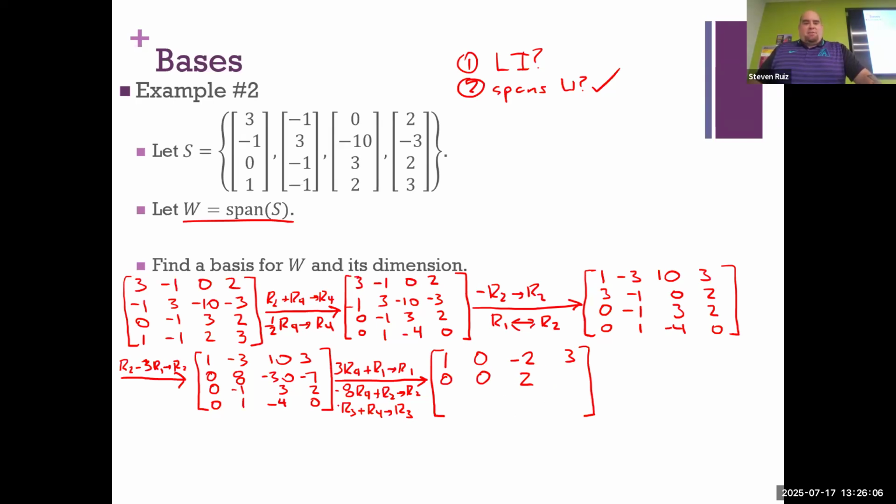And then negative 8, 0, so negative 7. And then row 3 plus row 4, 0, 0. I just flat out lost it. Oh, no, I didn't. Here it is. Okay. I think that's good, right?